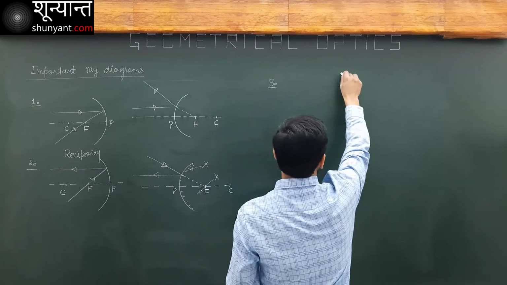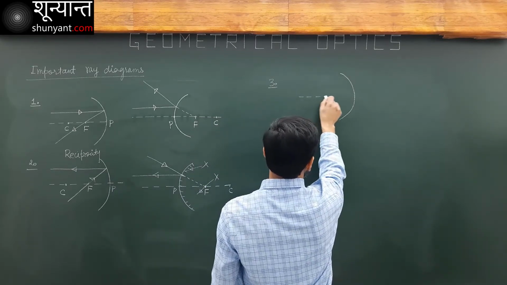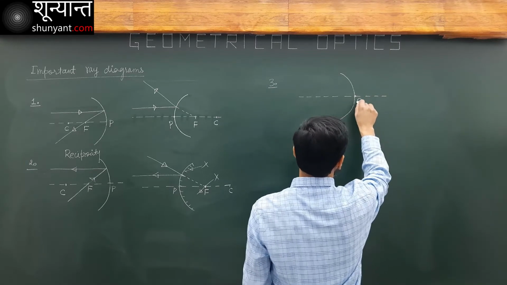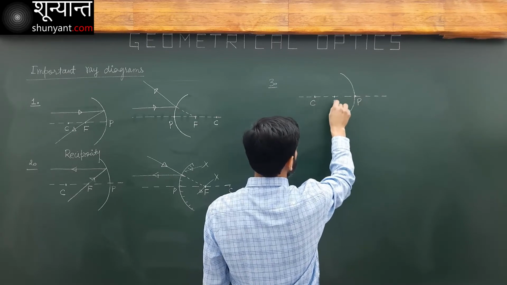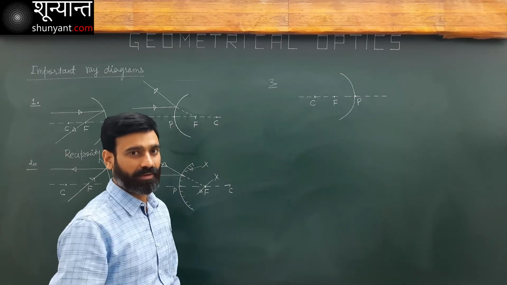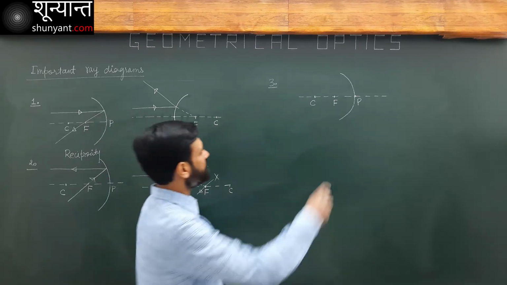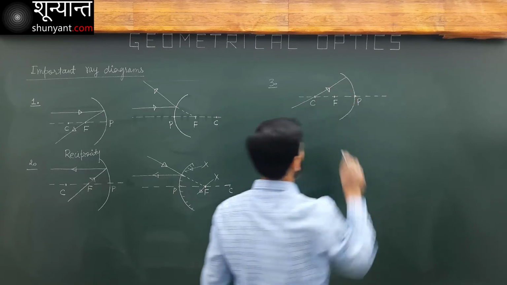Here I have this concave mirror. This is the focus, this is the pole, this is the center. A light ray which passes through the center, what will happen to this light?